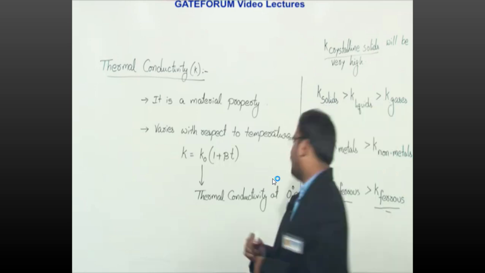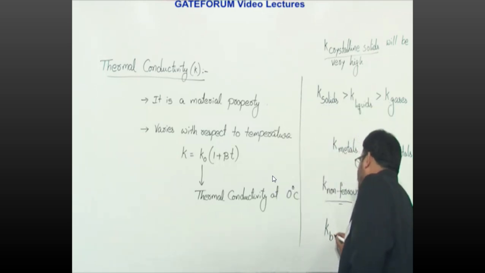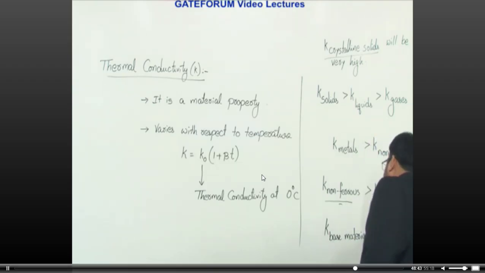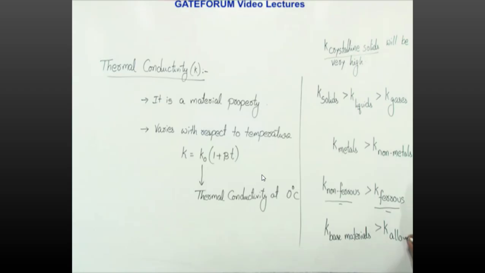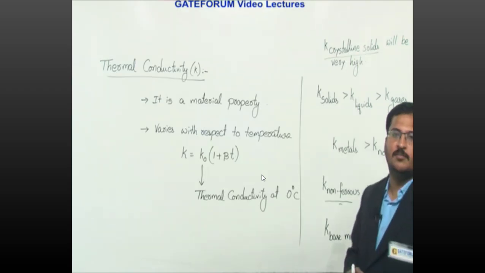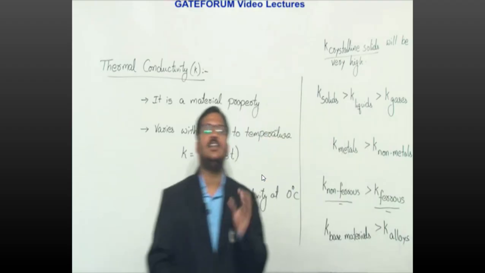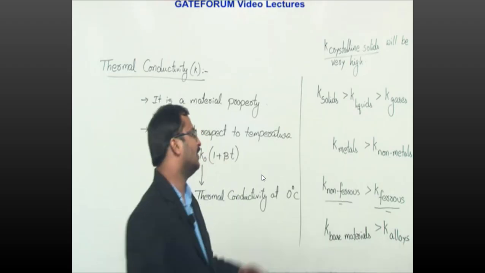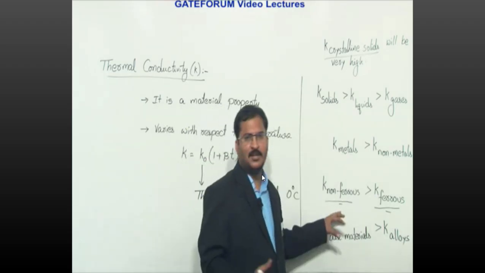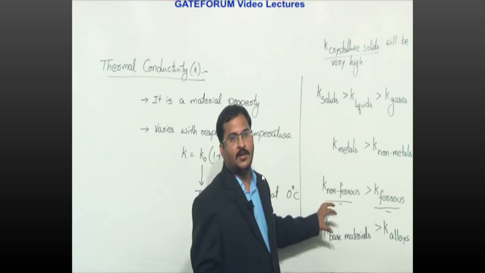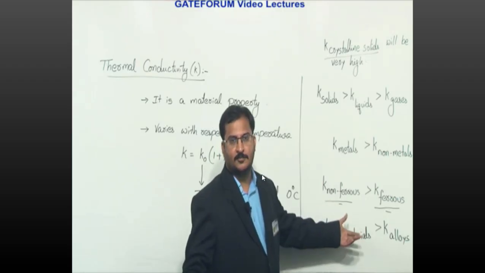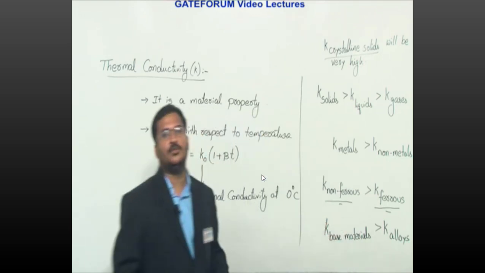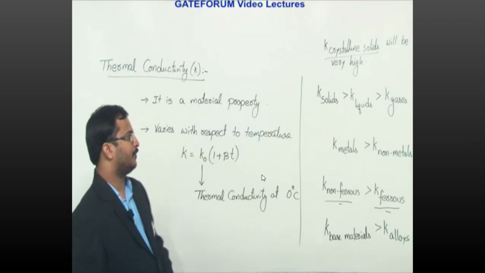That means the thermal conductivity of base materials will be greater than that of their alloys. Adding impurities improves the mechanical properties but not the thermal properties. That's why the thermal conductivity of copper is more than that of bronze or brass.